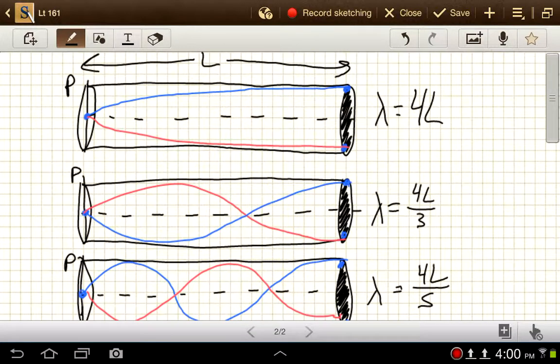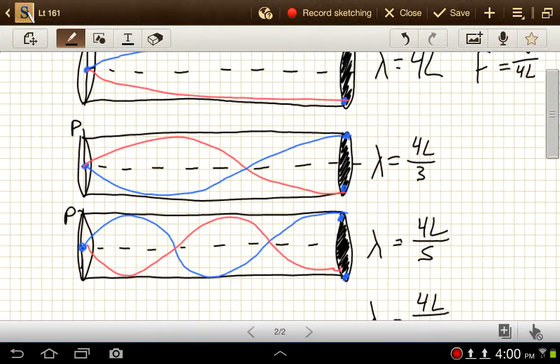The frequency then, using the equation v equals f lambda, or f equals v over lambda. The frequency here for the first harmonic is going to be v over 4L. Here we'd have 3v over 4L.